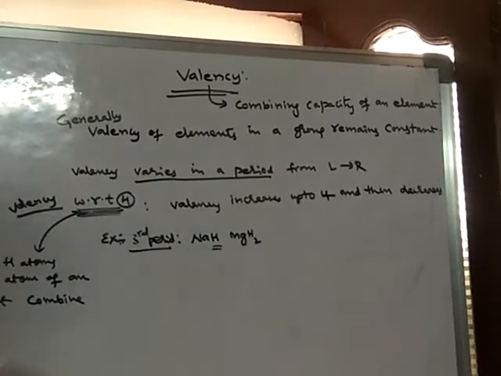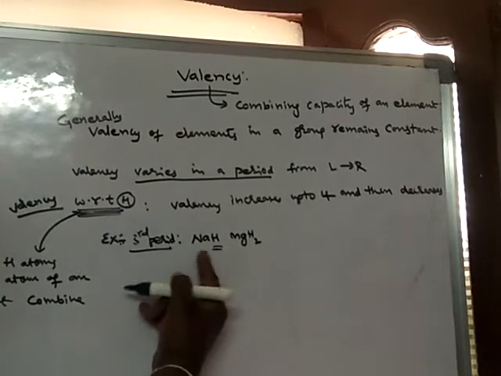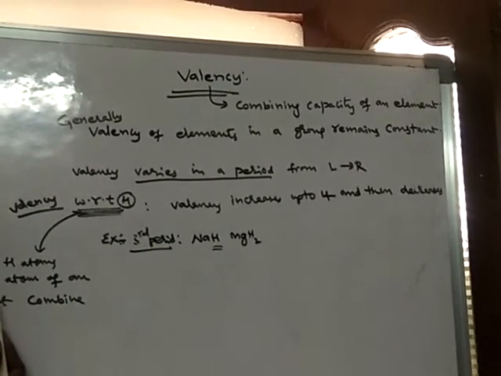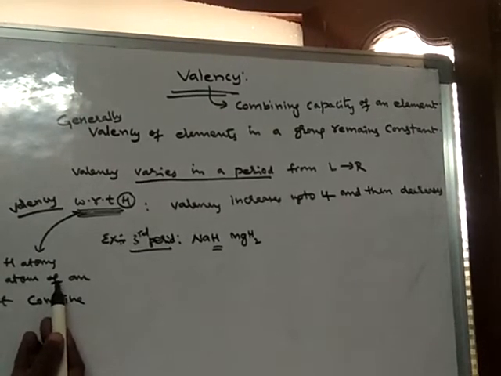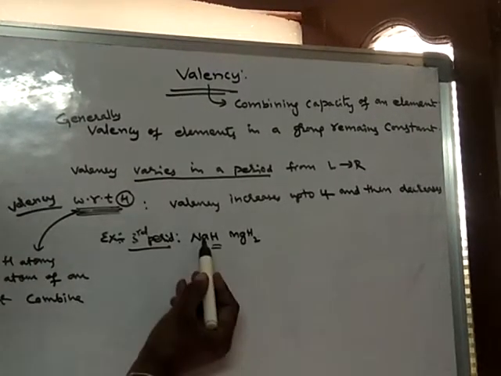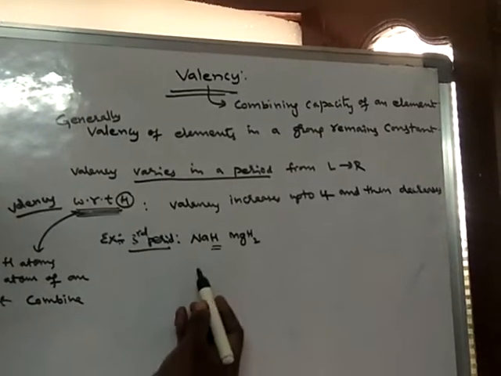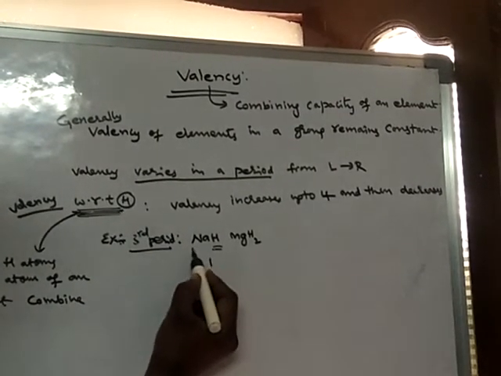How many hydrogen atoms combine with one atom of sodium? Only one. Hence the valency of sodium is 1.